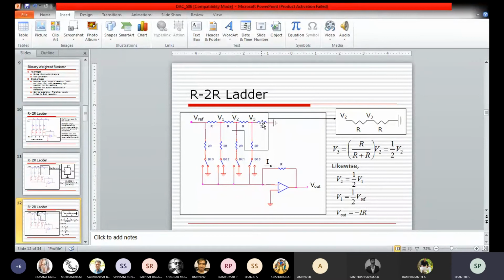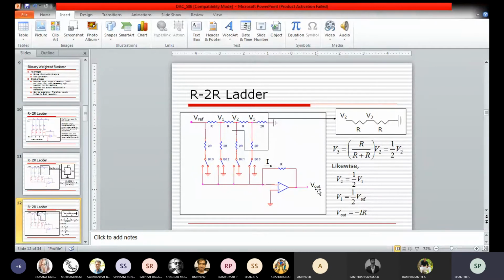In these two resistances, one resistor is connected to the V reference and the other resistor is connected to the ground potential. How do we get the output? When a switch turns on and gets the input signal, if it does not touch this point, we get 0 potential.